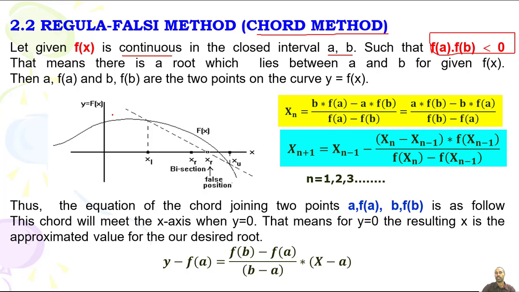Then a, f of a and b, f of b are the 2 points on the curve. So these coordinates, a comma f of a and b comma f of b, are the 2 points on the curve f of x. For example, this is x lower limit, f of x lower, and this is the function, and this is upper.